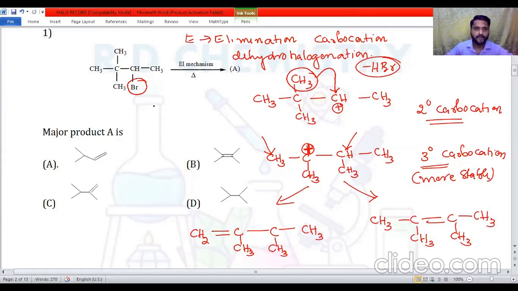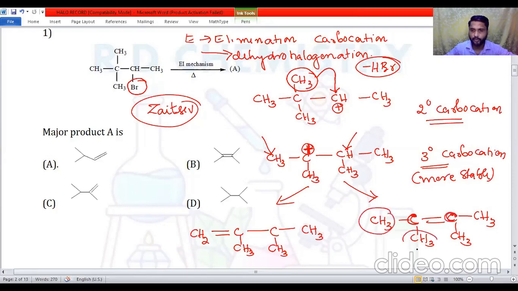Now there is one rule known as the Saytzeff Rule. According to Saytzeff Rule, during dehydrohalogenation, that alkene is formed which contains more number of alkyl groups on the doubly bonded carbon atom. So the second alkene contains more number of alkyl groups.